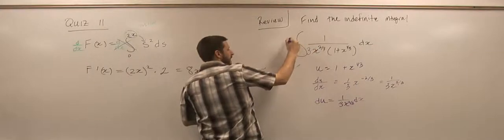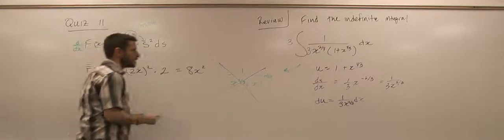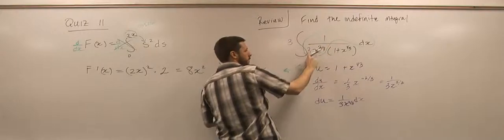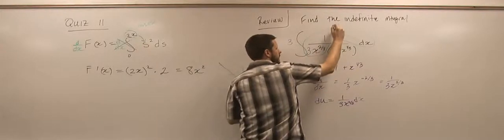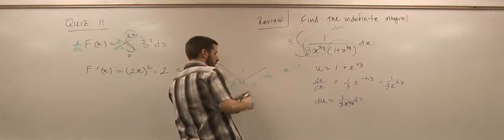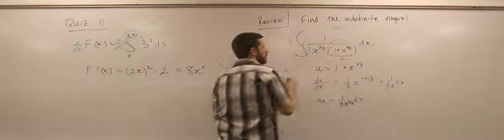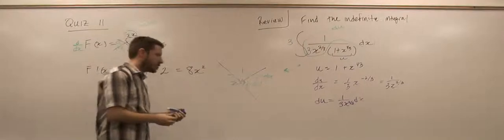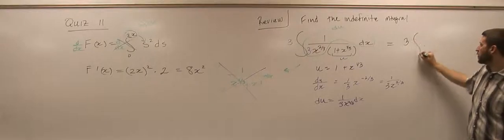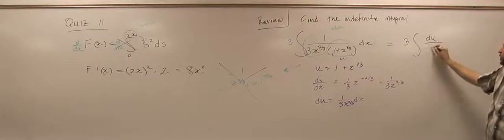But for that to balance out, I need a 3 on the top outside. And this whole portion, 1 over 3x to the 2/3 dx, is equal to du, and this inside is equal to u. So my integral becomes 3 times the integral of du over u.